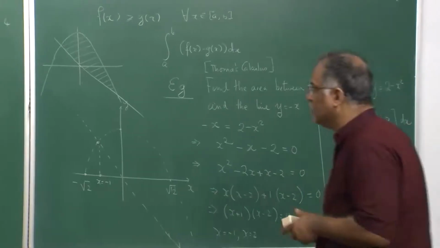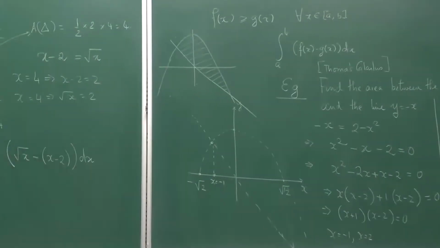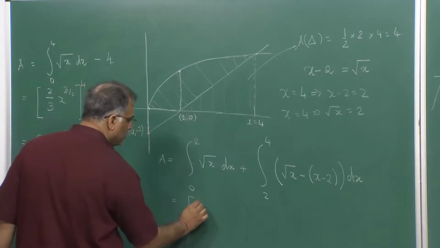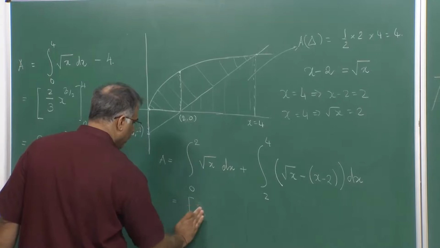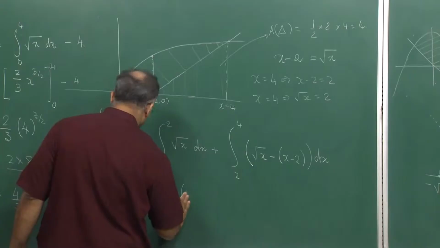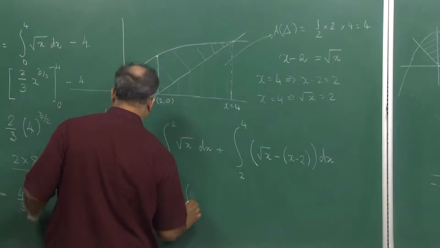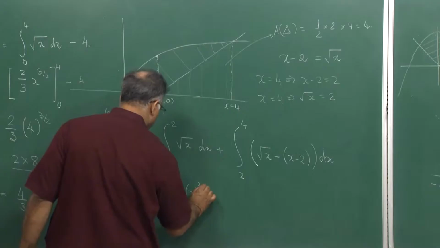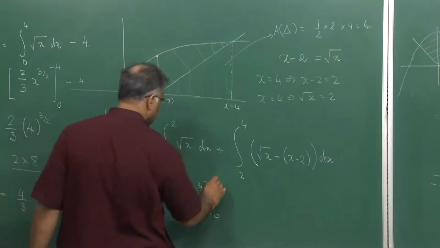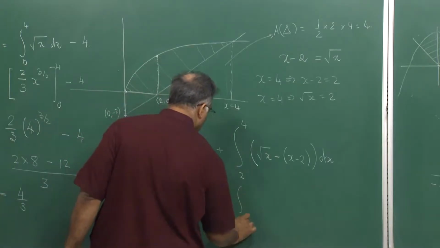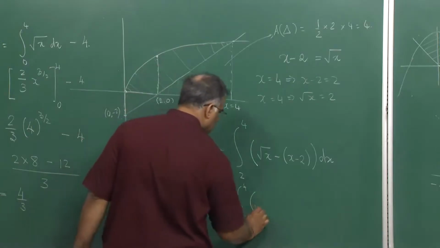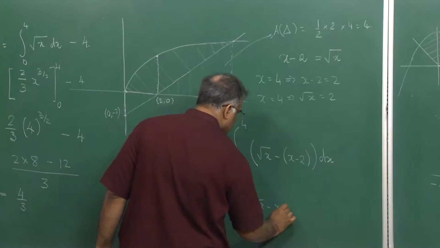So let us make a check. It will become 2/3 x to the power 3/2 from 0 to 2 plus, from 2 to 4, root x minus x plus 2.